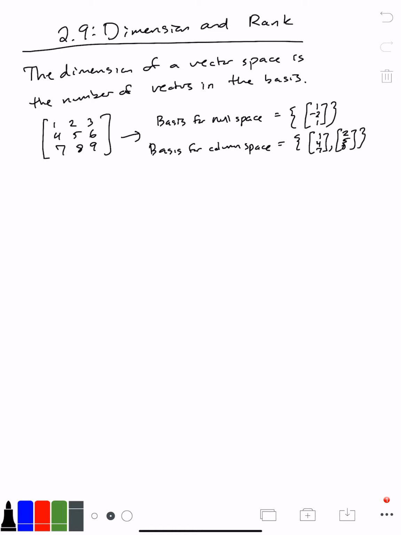And so what that means is that the dimension of that null space is 1, again, because there is literally one vector here.